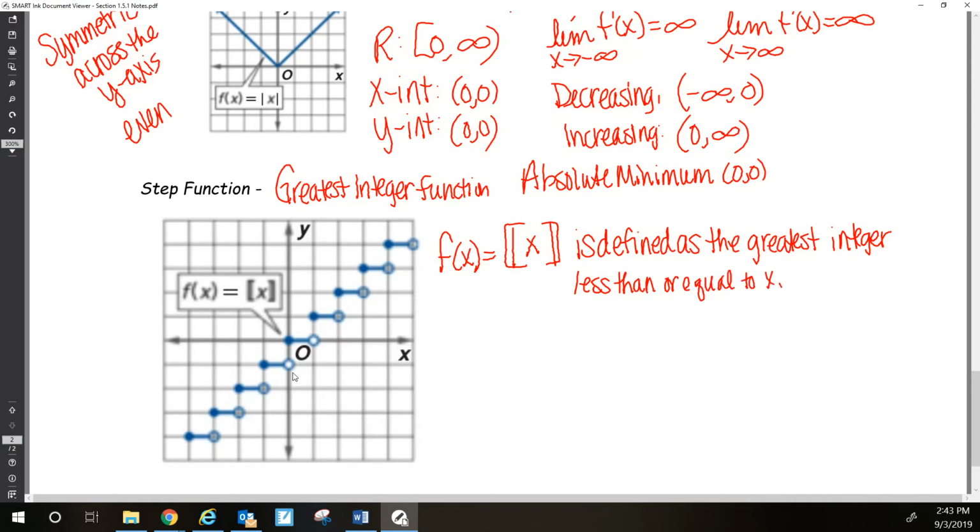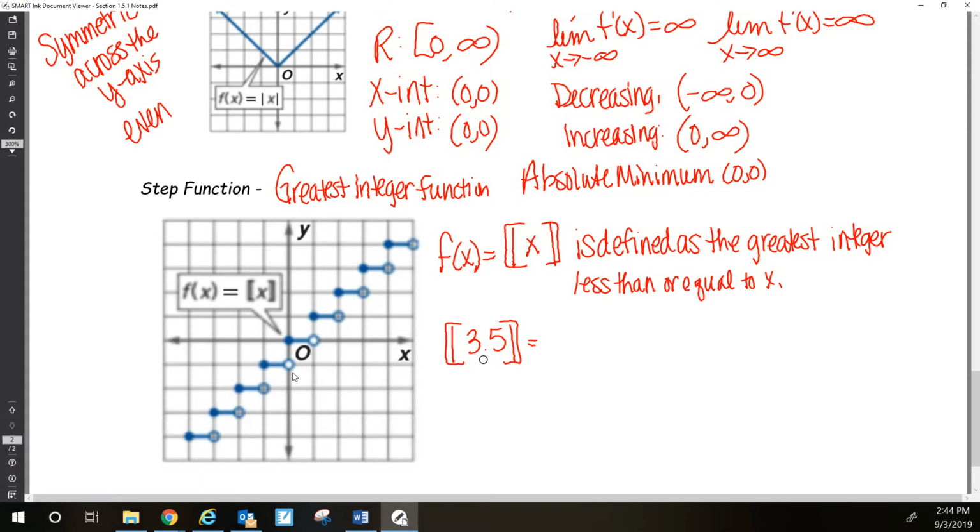So before we get into graphing it, let's see if we can find some greatest integers. What if I said the greatest integer of 3.5? I want the biggest integer that is less than or equal to 3.5.